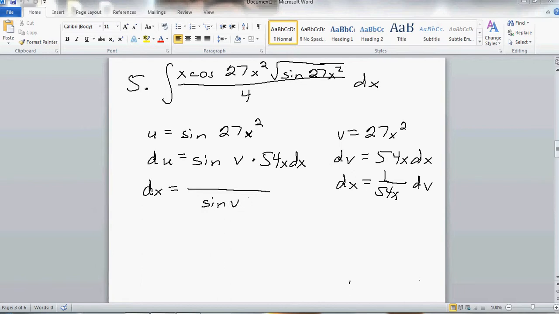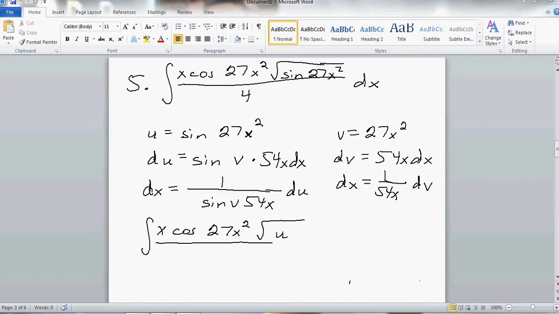Sine of v over 54x du. So now we've got all this mess here. We now substitute in what we know. We have no substitution for x. We have no substitution for cosine of 27x squared. We do have a substitution here. This would be the square root of u over 4, and then dx is 1.